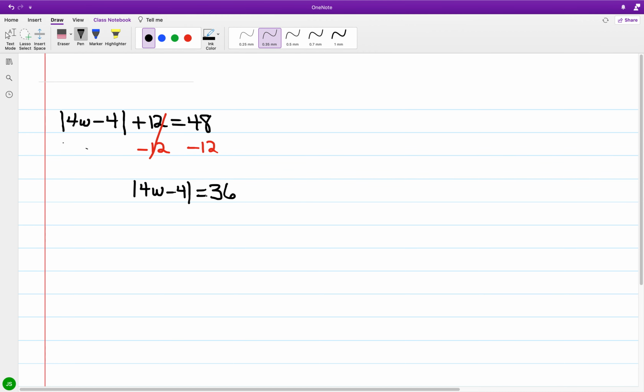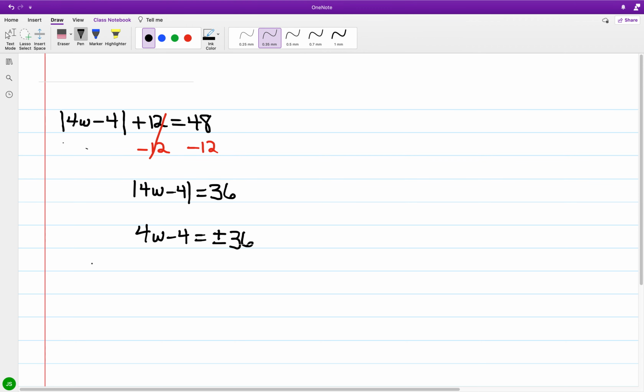Now, once I take out the absolute value symbols that surround 4w minus 4, I'm going to have 4w minus 4 equal to the values that have an absolute value of 36. The two numbers that are 36 units away from 0 on the number line are positive and negative 36.